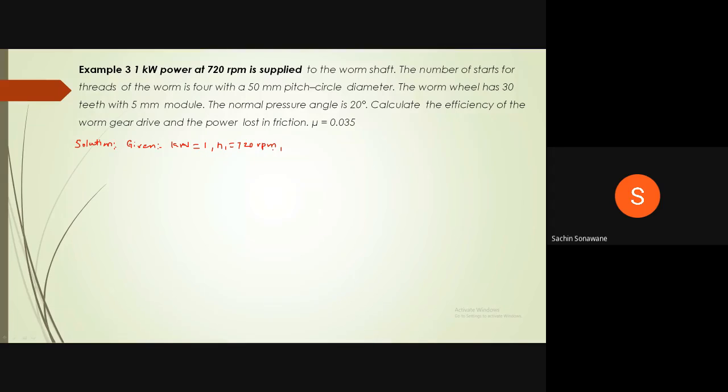The number of starts on the worm is 4. Therefore, Z1 is equal to 4. Sorry, this is D1. D1 is equal to 50.